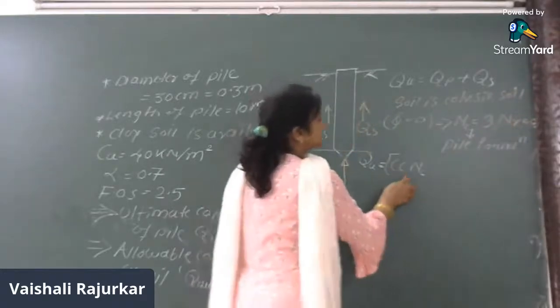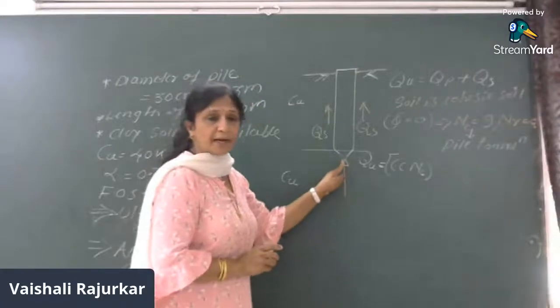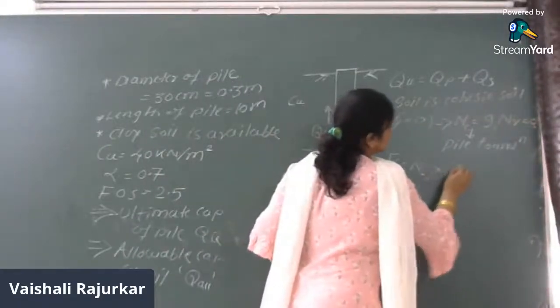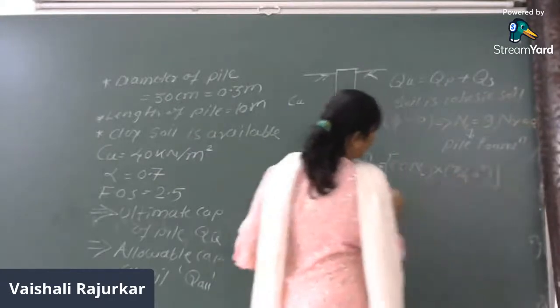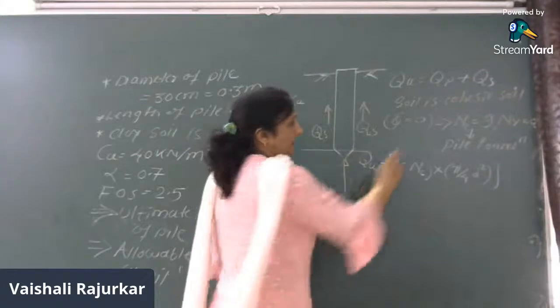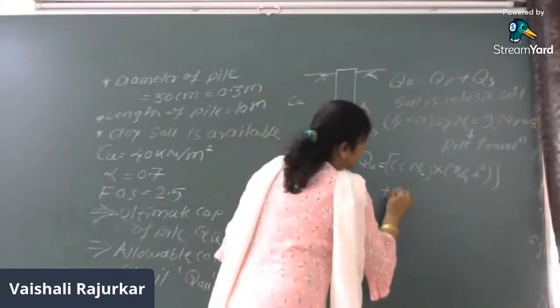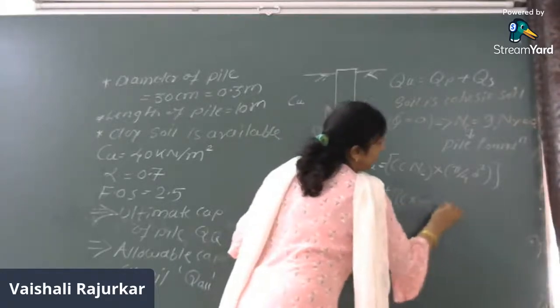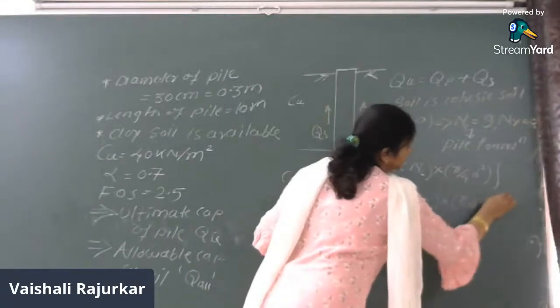Therefore, this is C and C, and this C and C is acting at the tip of the pile. So here we will consider the area, that is pi by 4 d square, plus another one is QS. So here this QS is C into alpha into pi dl.